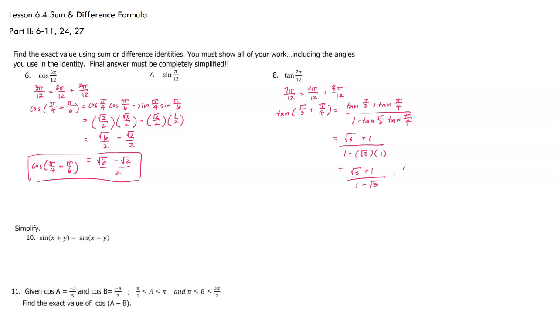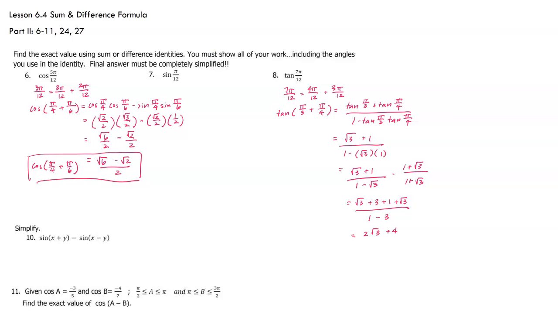We have to rationalize the denominator, so we have to use the conjugate. That is going to be the numerator, 3 plus 1 plus square root of 3, over 1 minus 3.